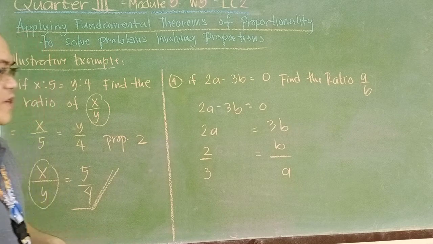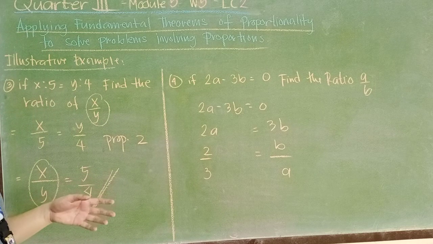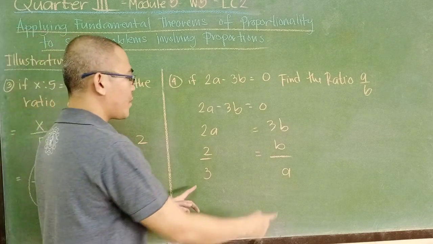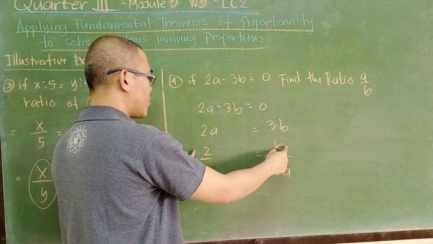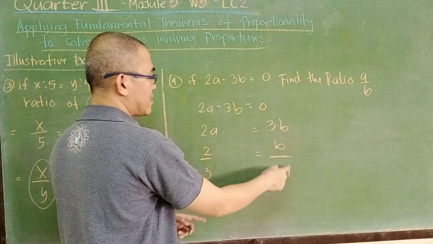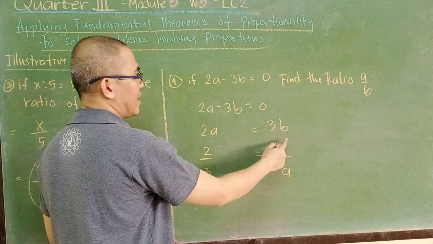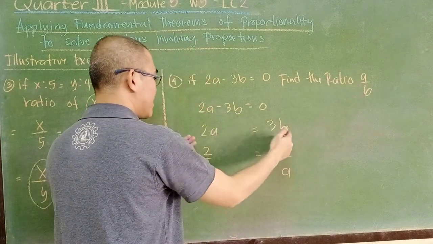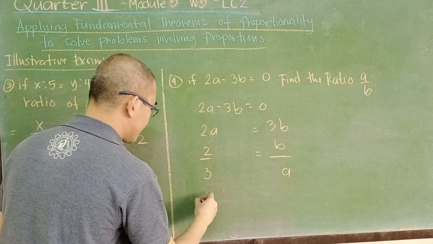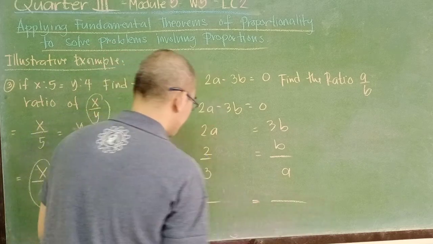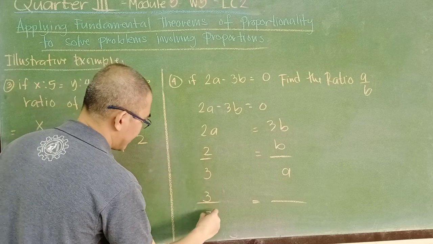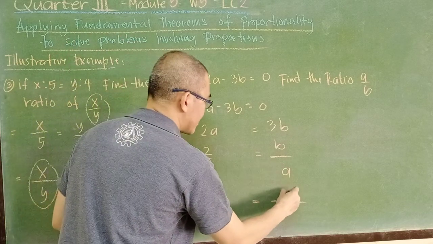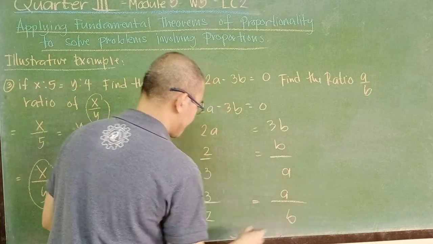Now, gagamitin ko yung property number 3, which is inverse. So, gagawin ko, yung nasa denominator, ilalagay ko sa numerator. Yung nasa numerator, ilalagay ko sa denominator. Kasi b over a pa yung ratio natin dito. Ang kailangan natin, a over b. So, pagpapalitin natin sila. So, yung 3 mapupunta sa taas, yung 2 mapupunta sa ilalim, yung a mapupunta sa taas, yung b mapupunta sa ilalim.